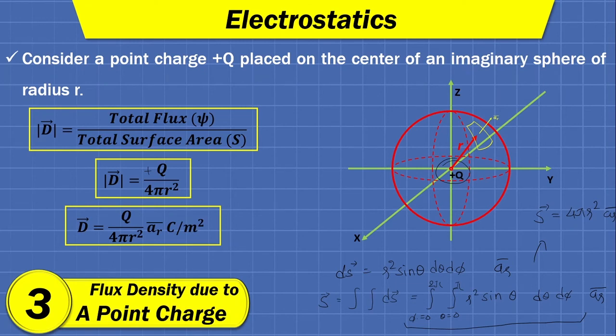The direction of flux density will always be in the direction of field intensity. As you can see, the field intensity is coming outward, so the direction of flux density will also be the same, which is in the direction of radius at any point. So it is very easy to find flux density due to different charge configurations.